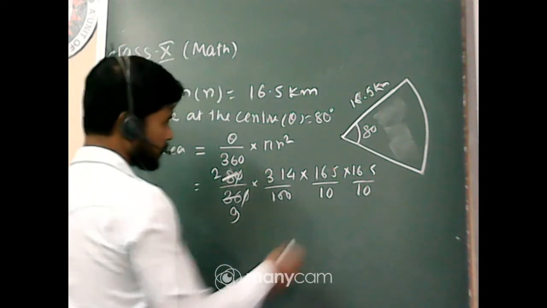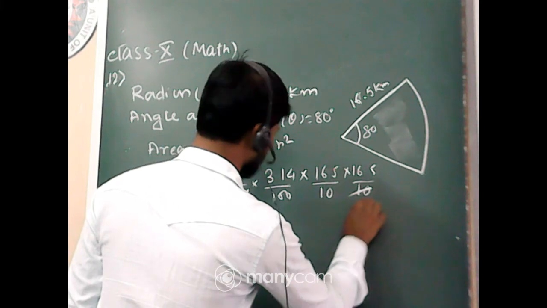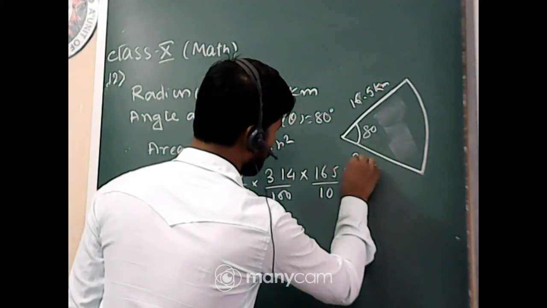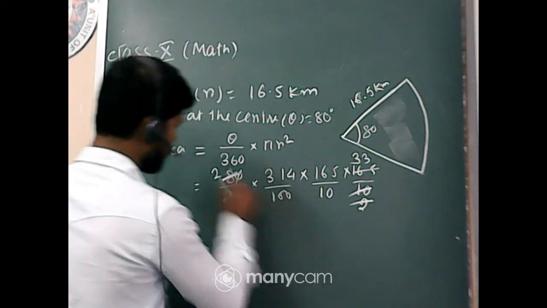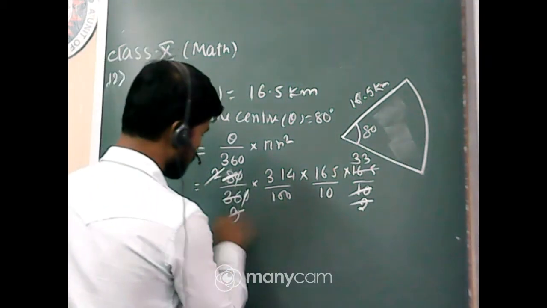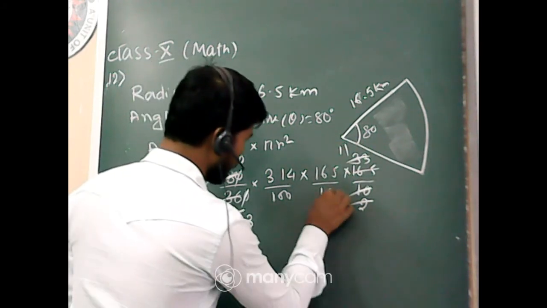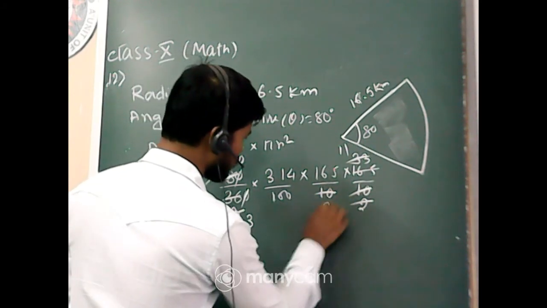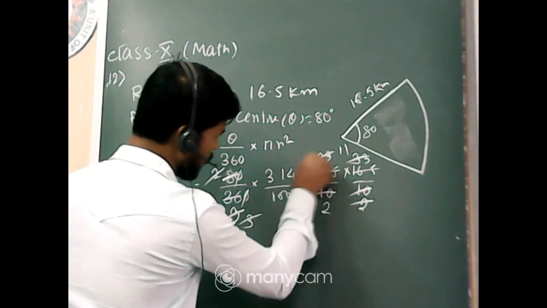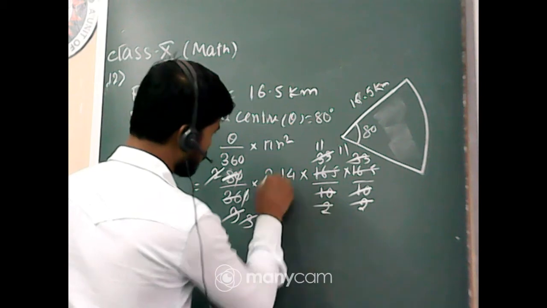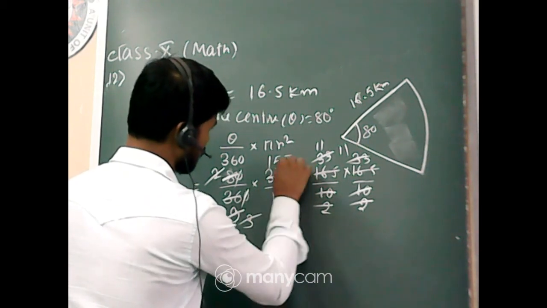Then 5 2s are 10 and 5 33s are 165. 2 and 2 cancel. 3 3s are 9, 3 11s are 33, and again 5 33s are 165, 3 11s are 33, and 2 1 5 7.